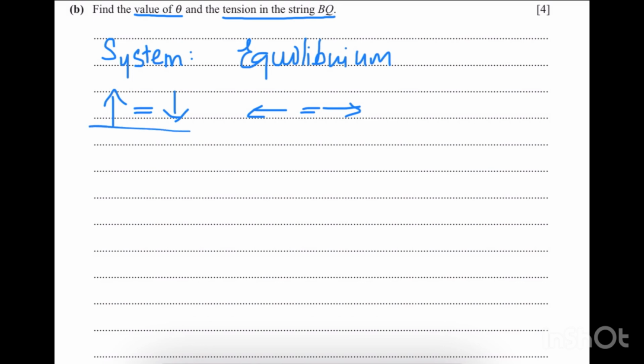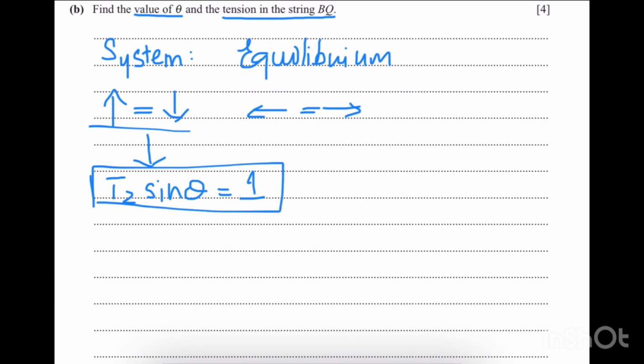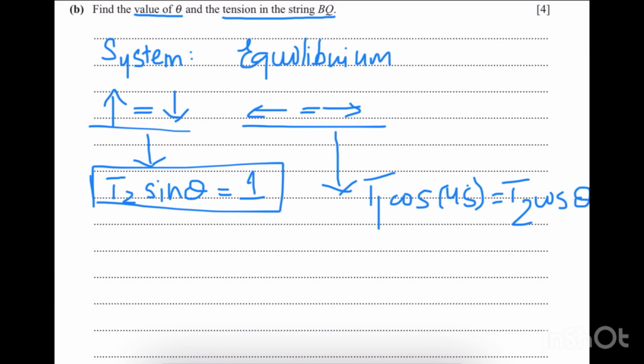For this, T2 sine theta must be equal to 1, and for the second condition, T1 cos 45 must be equal to T2 cos theta.